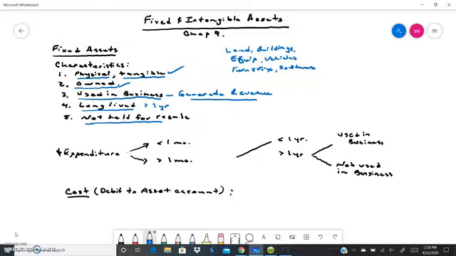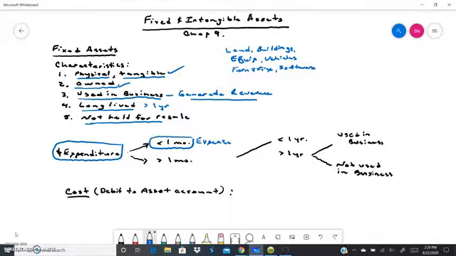So let's talk about how we're going to classify and determine what is a fixed asset and what is not. So we have some sort of expenditure of money. And if that expenditure is related to something that is going to have a life of less than a month, that of course is going to be classified as an expense.